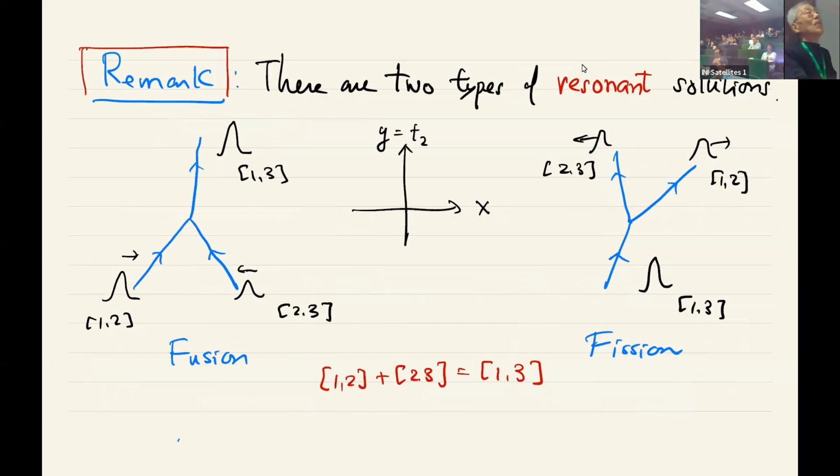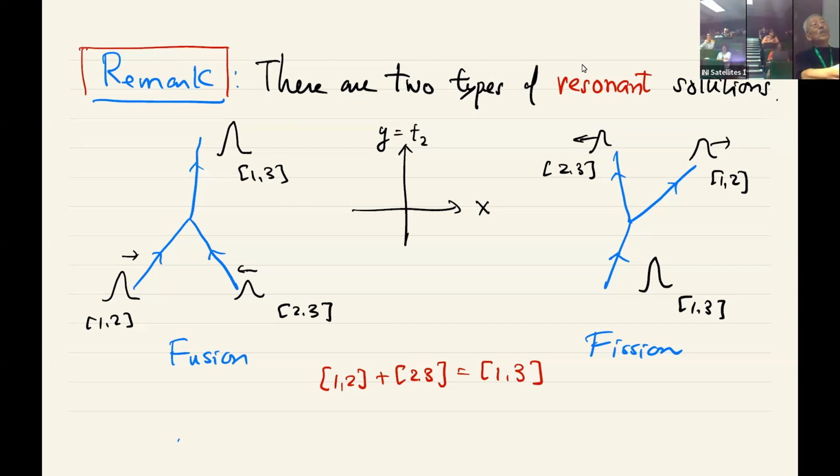Okay, so now one more remark: I was talking about only one soliton solution, but there is another type of soliton solution for Boussinesq, and this is called resonance. So the resonance soliton solution means, this is T direction, this is X. So there are 2 solitons, kappa 1, kappa 2, and kappa 2, kappa 3, and they actually merge to create the bigger 1, 3 soliton.